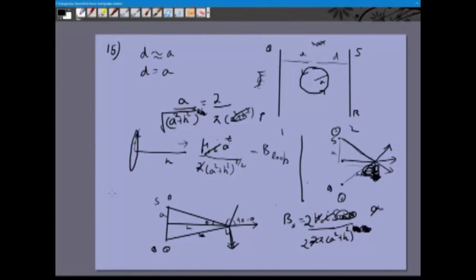So we can just say that pi squared A squared is equal to 4A square plus 4H squared, or H is equal to A times root of pi square minus 4 by 4.